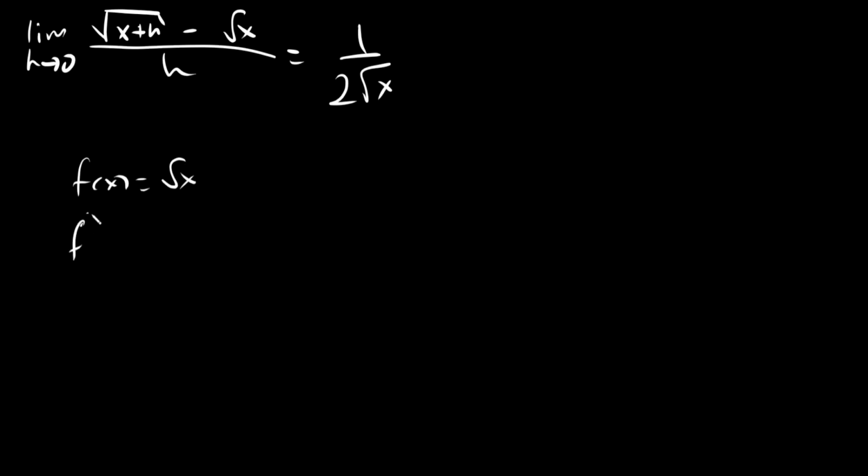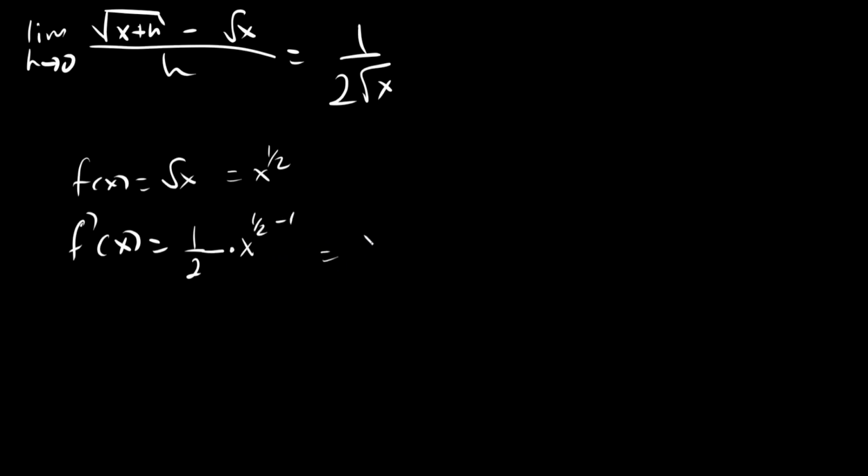My derivative is going to be 1 over 2 in front, multiplied by x to the 1 over 2 minus 1.